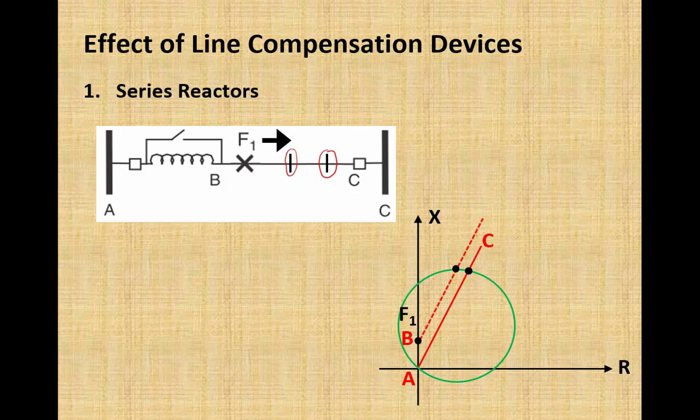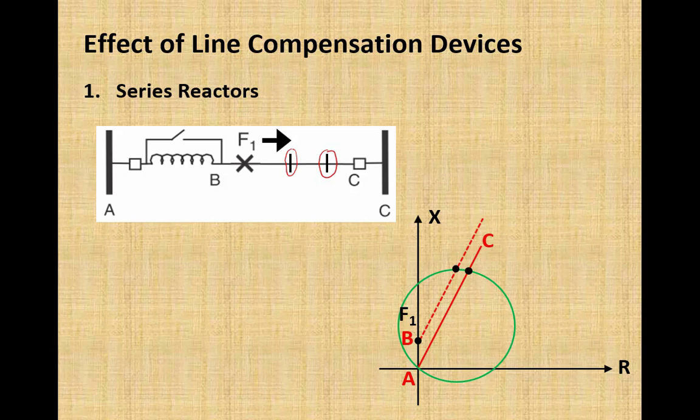So there is a reduction in the reach of the relay due to the presence of series reactance. In the case of the series capacitor, we have seen that the relay was overreaching, and here, due to the presence of this reactor, the relay is underreaching. The relay is not providing protection up to the point for which it was set without this reactor.